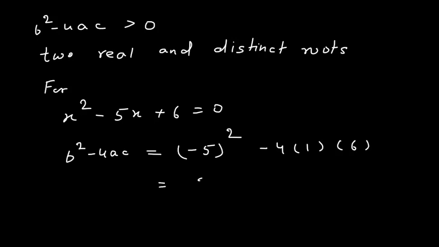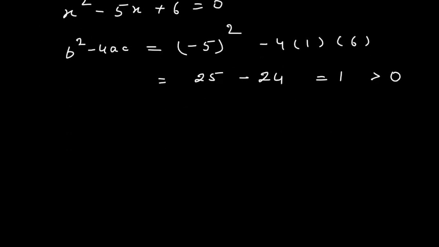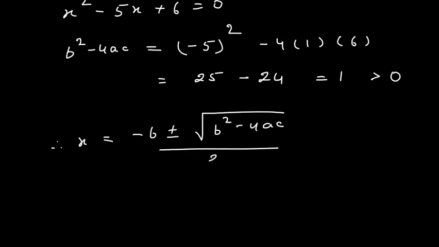This gives 25 minus 24, which is equal to 1, which is greater than 0. So we get x is equal to, formula is minus b plus minus root of b square minus 4ac upon 2a.